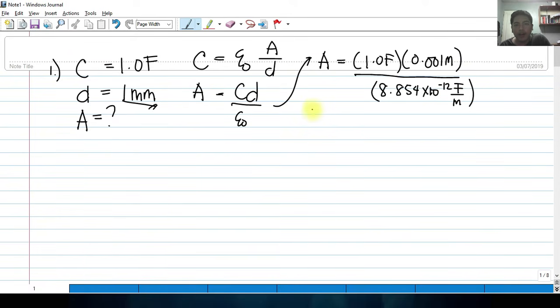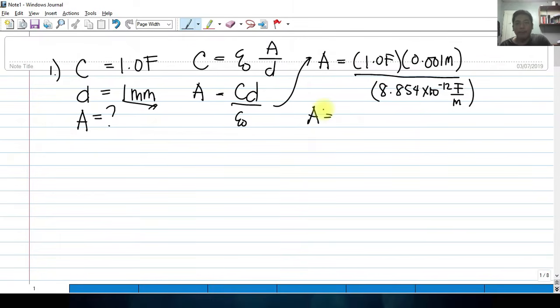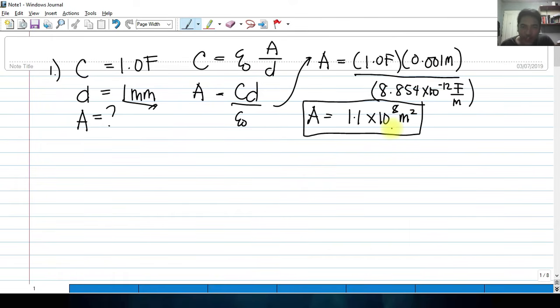If we calculate the area, the resulting area would be 1.1 times 10 raised to 8 square meters. That is a really huge conductor.